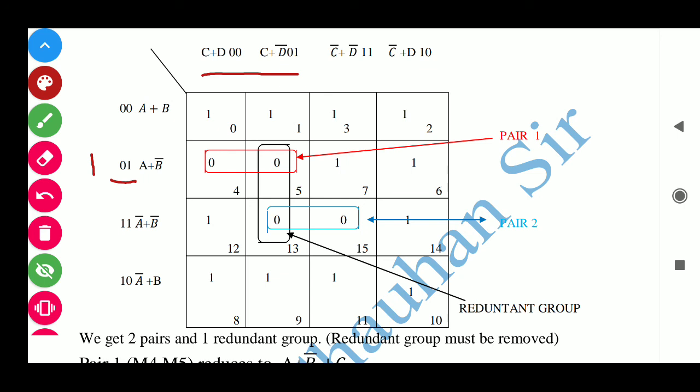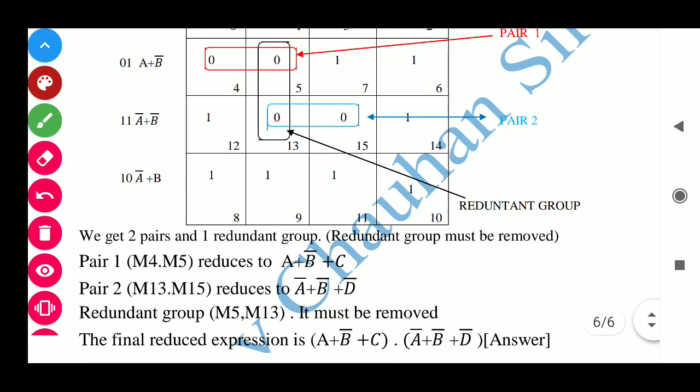So a plus b naught plus c is the reduced expression for pair 1. And pair 2, a naught plus b naught you have to see, and you have to see this one. In these two, d is not changing its state, so you have to write there a naught plus b naught plus d naught. So this is your reduced expression.